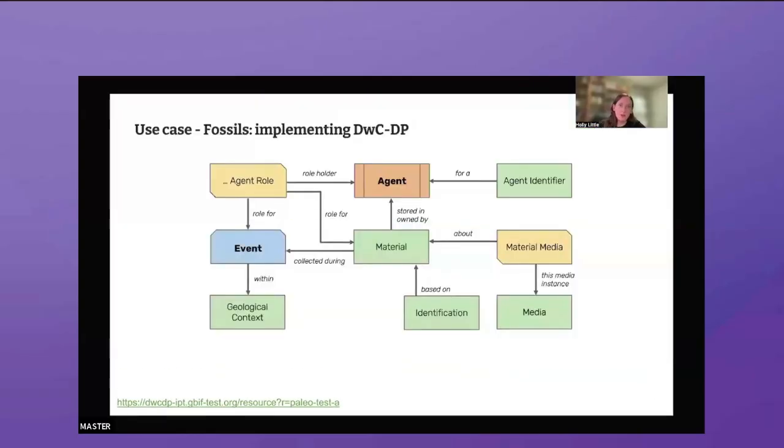So to start, a major shift in the updates to Darwin Core and the Darwin Core Data Package is the use of material as the primary class for collection specimen data. This change introduces improved options for clearly describing the physical object represented by the digital record, and an increased focus on events improves discoverability of this class of information and the connected geological context terms.